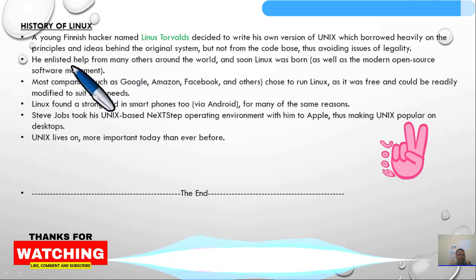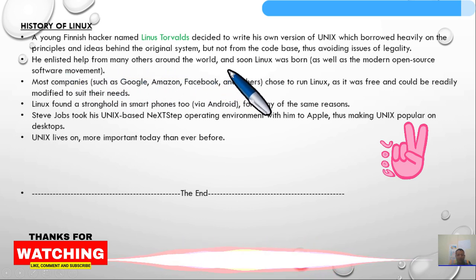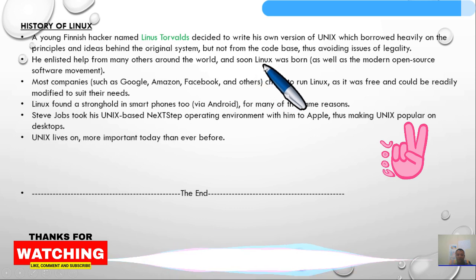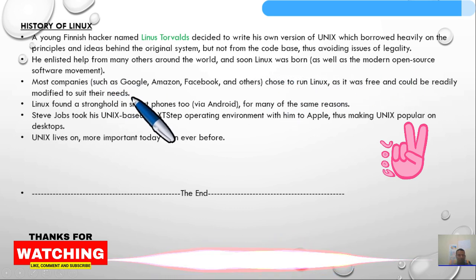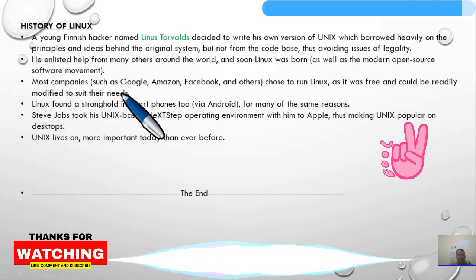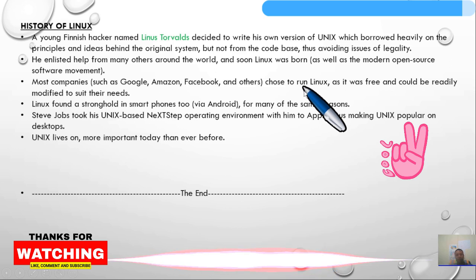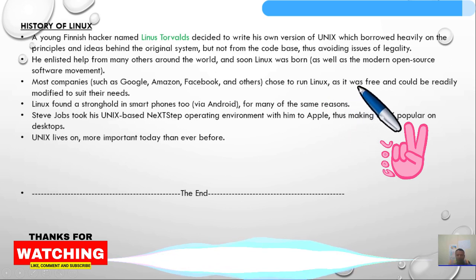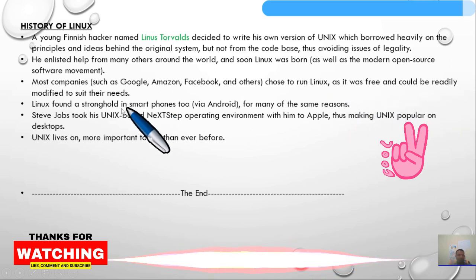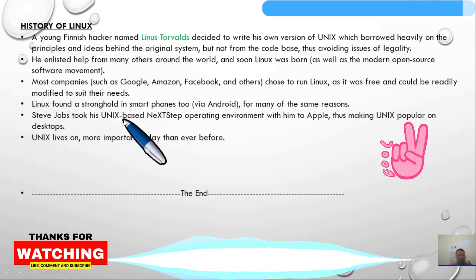He enlisted help from many others around the world, and soon Linux was born, as well as the modern open source software movement. Most companies such as Google, Amazon, Facebook, and others choose to run Linux, as it was free and could be readily modified to suit their needs.